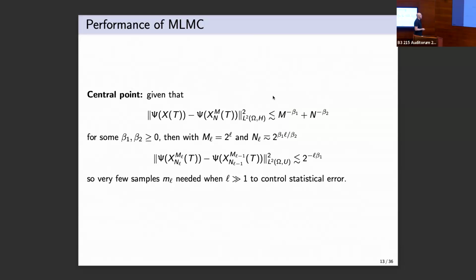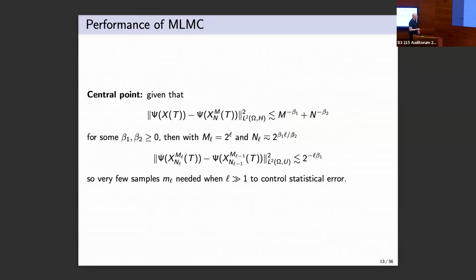And if I choose my resolutions in time and space such that I equilibrate the mean square error contributions in time and space, then this is an upper bound for the variance of the error from the L sample average estimator here. So what you see is that the variance will be, at the very least, exponentially decreasing if I choose my resolutions the way I have described here.